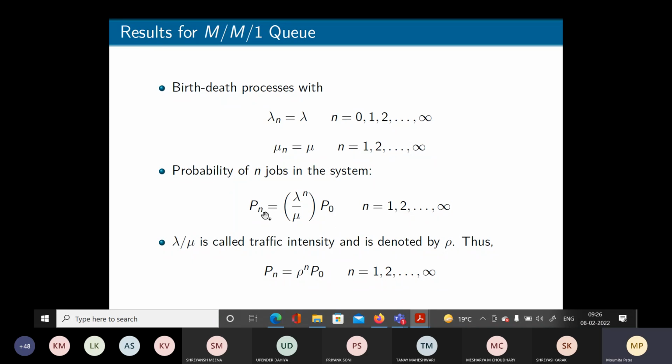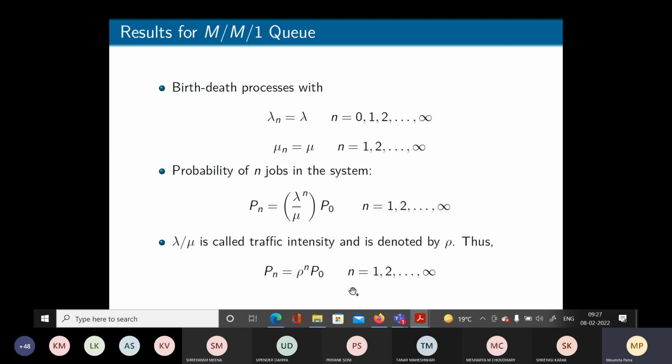So lambda by mu, we know it is the server utilization or traffic intensity, and it can be denoted as rho. So we get Pn is equal to rho power n times P0, where rho is equal to lambda by mu.